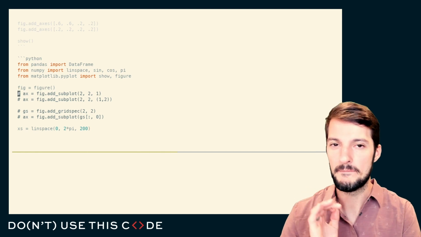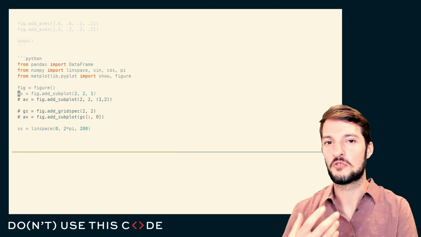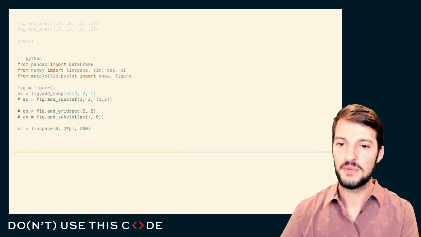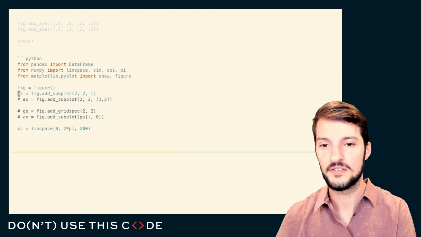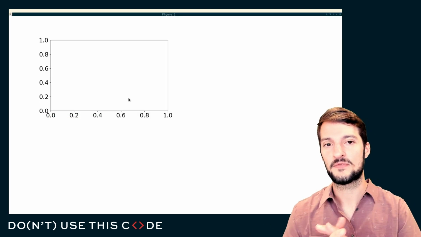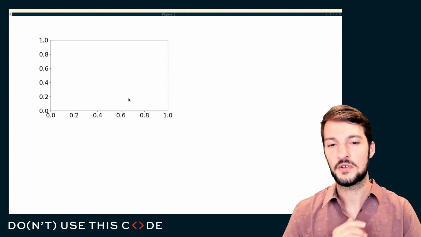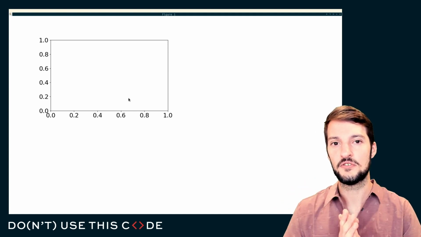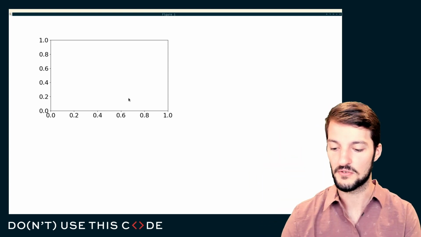But my preferred method is to use the grid layout system. Matplotlib has these convenience methods called add_subplot on its figure, and you can essentially specify a grid. In this case, it's a 2x2 grid, and I've told Matplotlib that in my 2x2 grid, I just want a set of axes in the top left-hand corner here.